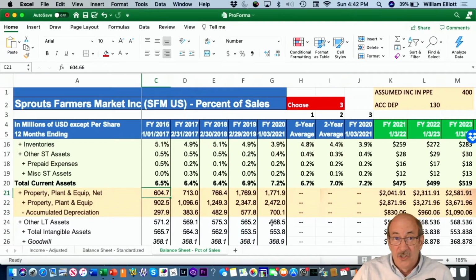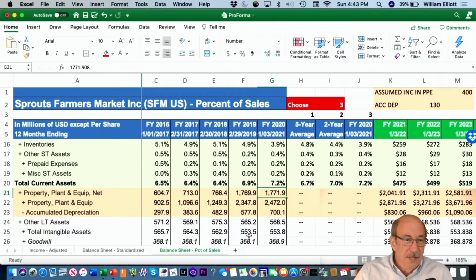They're operating leases, they're long-term leases, and I want you to dig into that, but I'm doing this just for demonstration purposes. So I noticed that in 2016, 17, and 18, my PPE was somewhere in the 600 to 700 range. And all of a sudden, in 2019, it pops up by $1 billion. And it stays at that level for 2020.